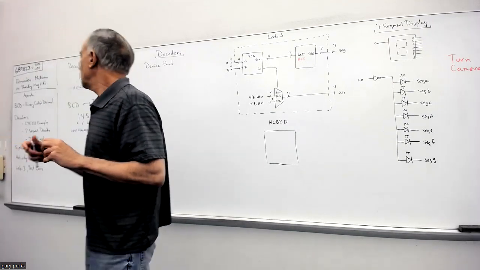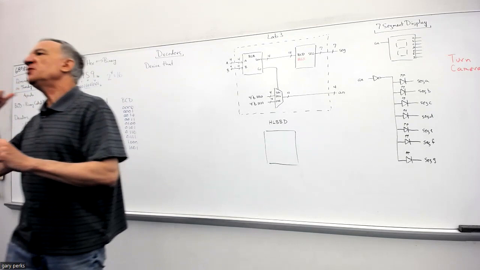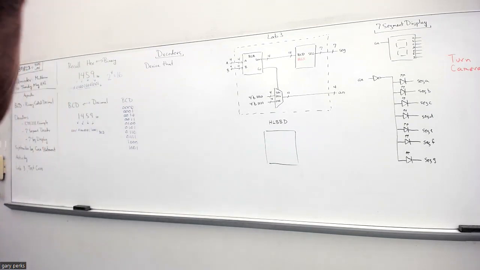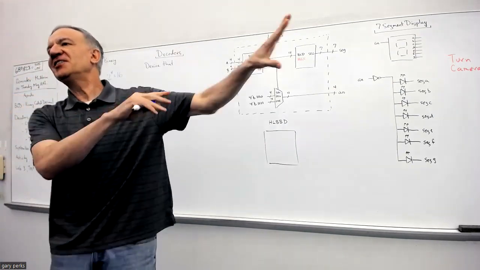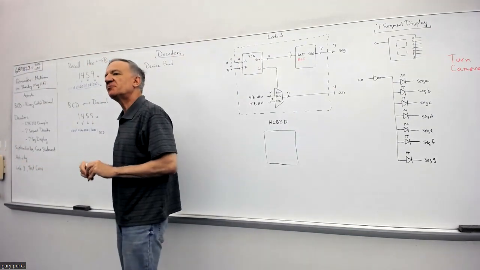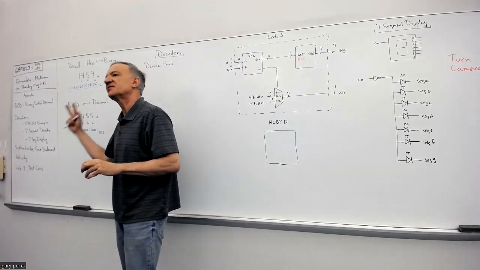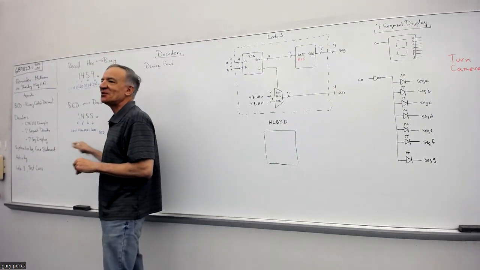The reason we would want to do this is because of something called a 7-segment display that we're going to talk about. So, it's kind of like a to be continued. Once we see what a 7-segment display is, I'll come back and say, okay, this is the reason for BCD.